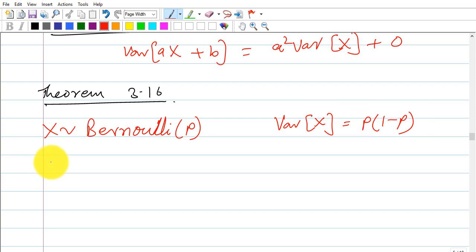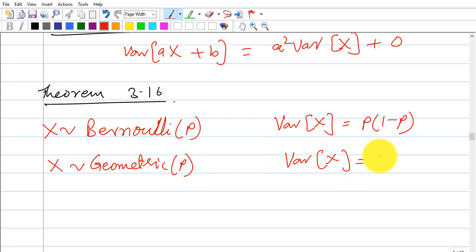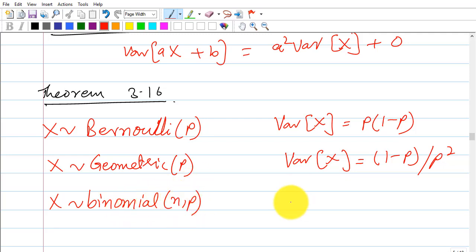Similarly, if X is geometric p, its variance will be 1 minus p divided by p squared. Similarly, if X is binomial n, p, the variance would be np into 1 minus p.